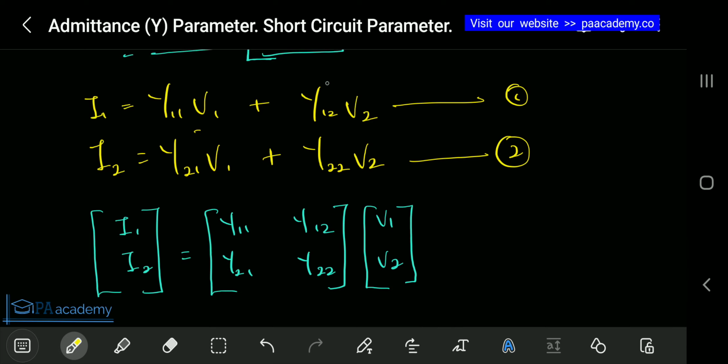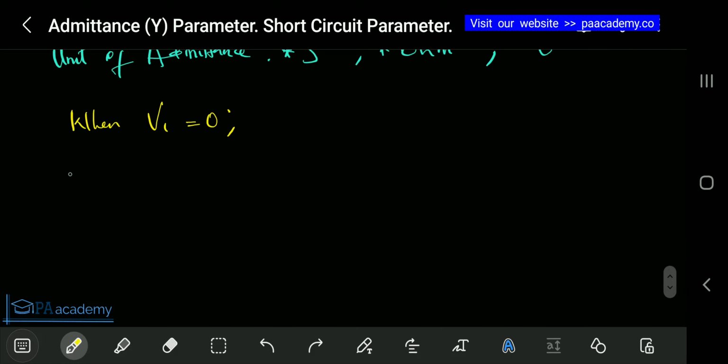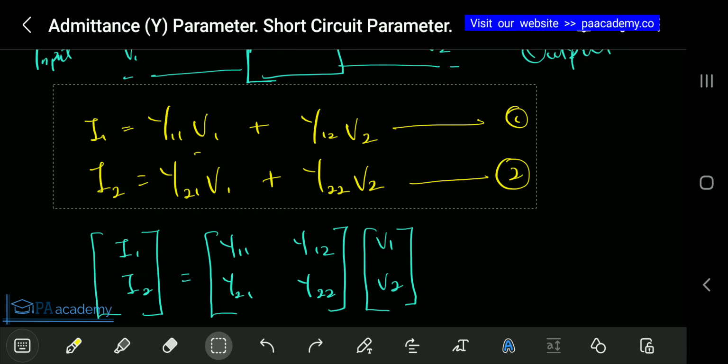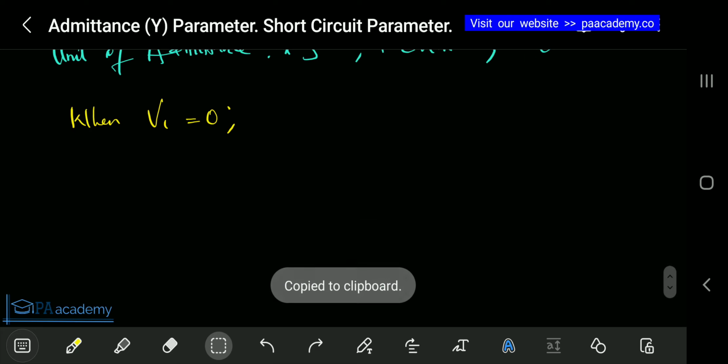When V1 is 0, this cancels out because it will be 0 times Y11. Let me bring back this equation and copy it so that we can see it side by side.